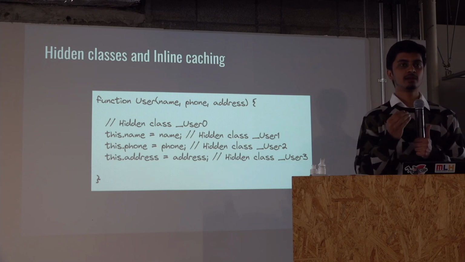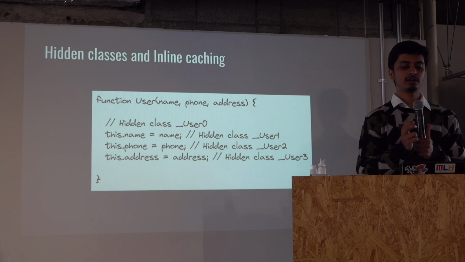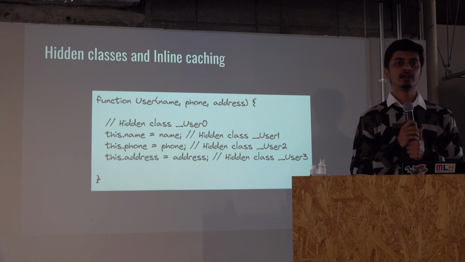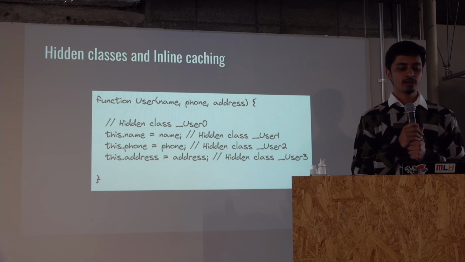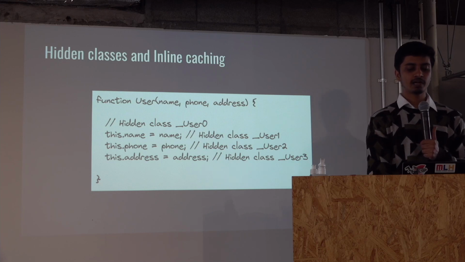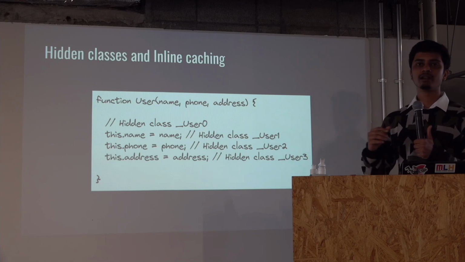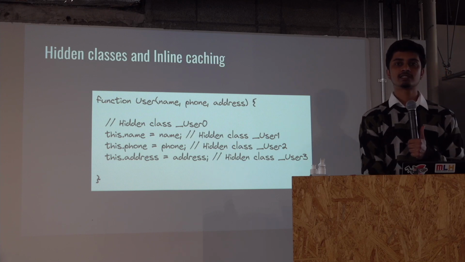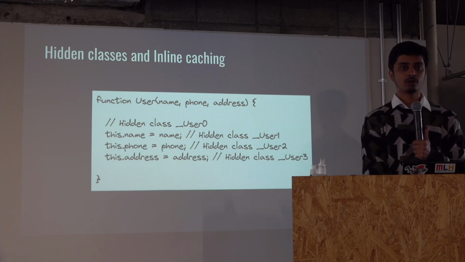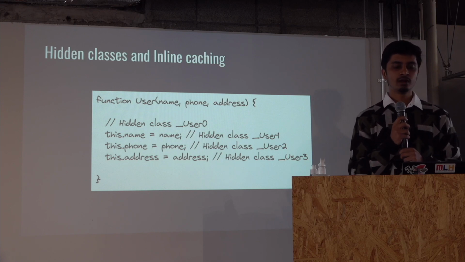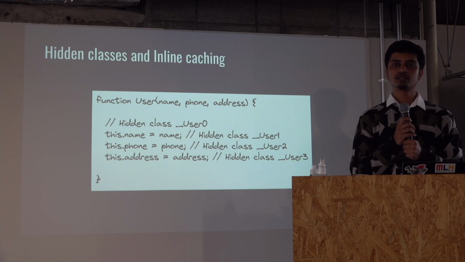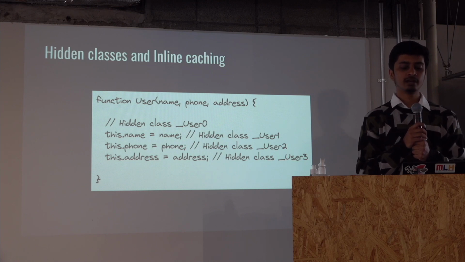Whenever a similar object with all the similar properties is declared, that hidden class is accessed by the engine. Every time you add a different property, for example name, phone and address, these are all different hidden classes with all these different properties. So if a user object is created with two properties, name and phone, hidden class 2 would be used for the access purpose, and hidden class 3 would be redundant in that case.